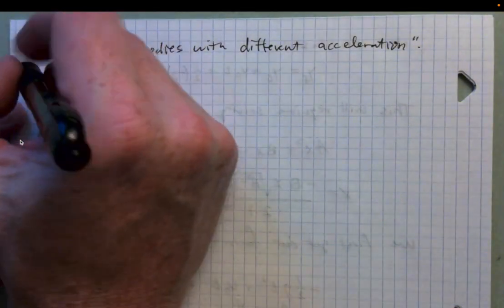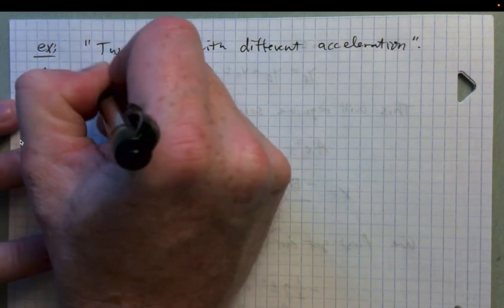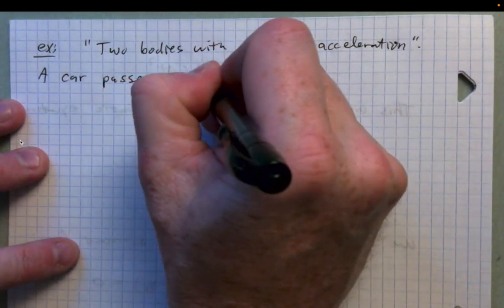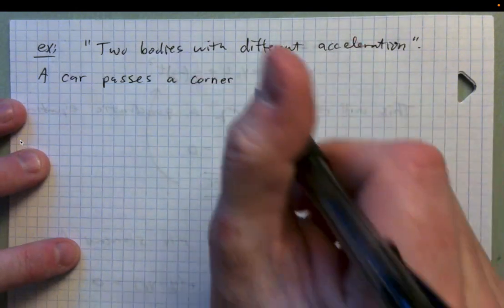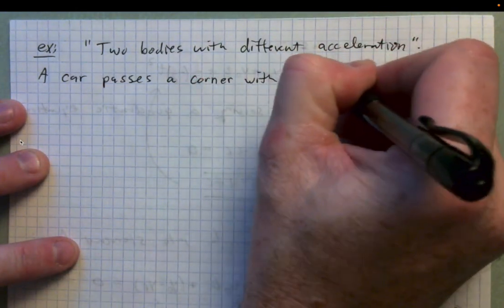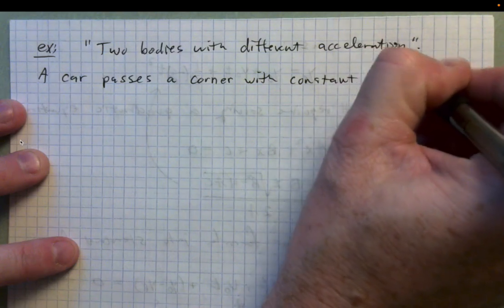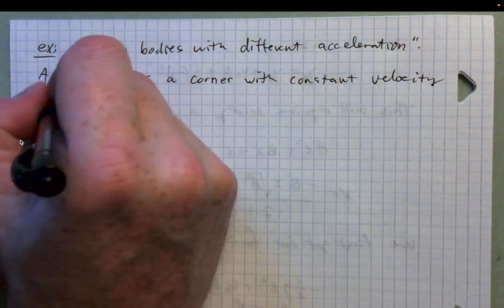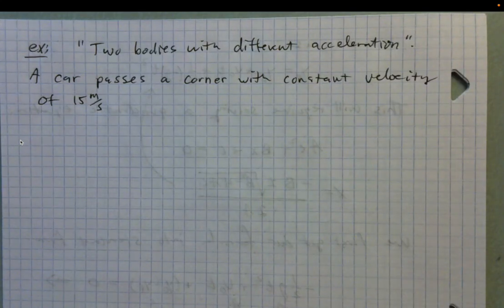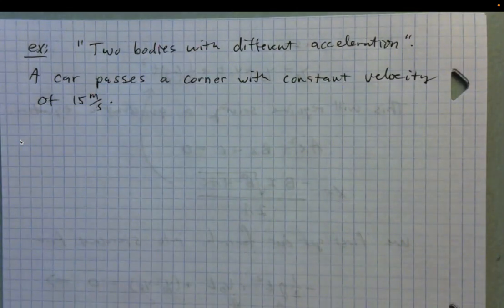Let's write it out. So a car passes a corner, or a sign, however you want to think about it, with constant velocity of 15 meters per second. Constant velocity means the car is not accelerating at all. It's going a constant speed, so there's no acceleration one way or another.